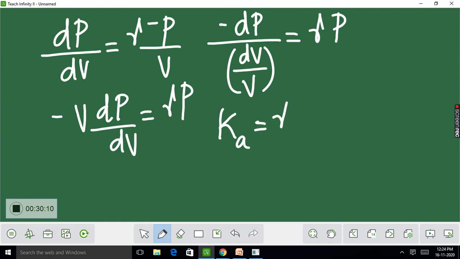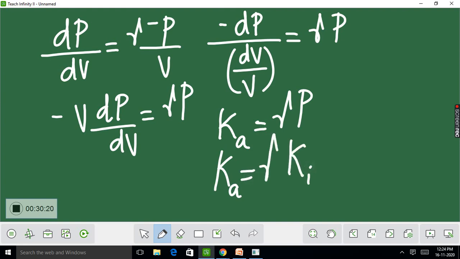It is gamma P, that is, gamma times the bulk modulus of elasticity in the isothermal process.